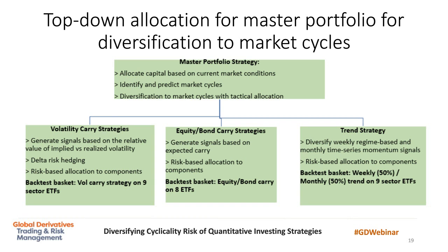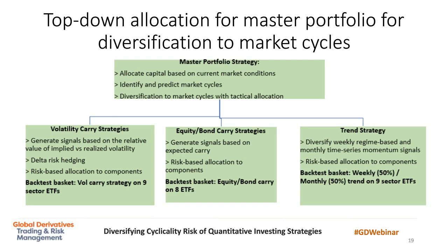A volatility carry strategy, designed in the same way that I presented before, that has a filter and a delta hedging mechanism, which we apply to 9 large-cap sector ETFs. The equity bond carry strategy is the one that I presented just before, and the trend following strategies use monthly and weekly signals.